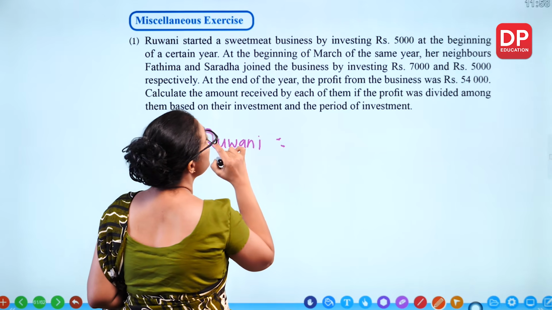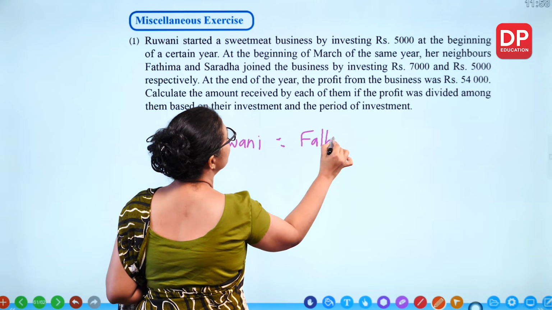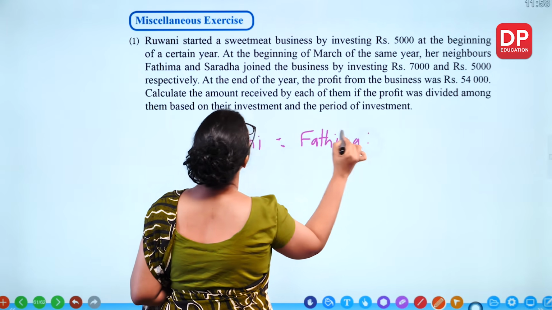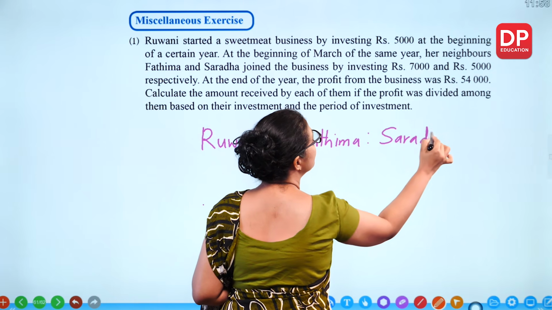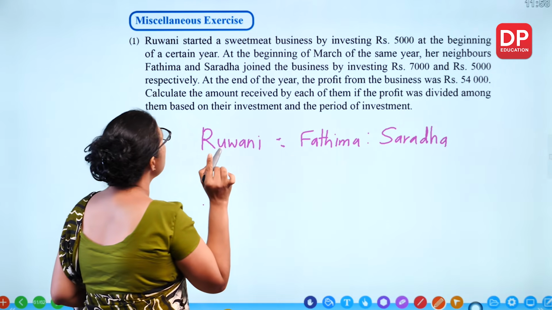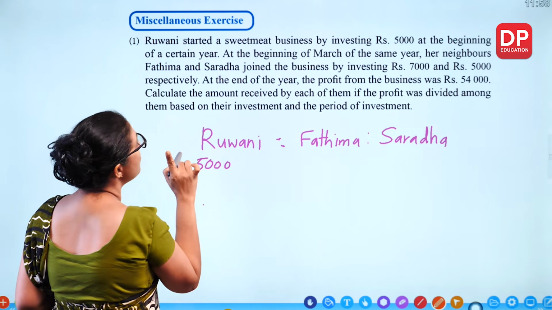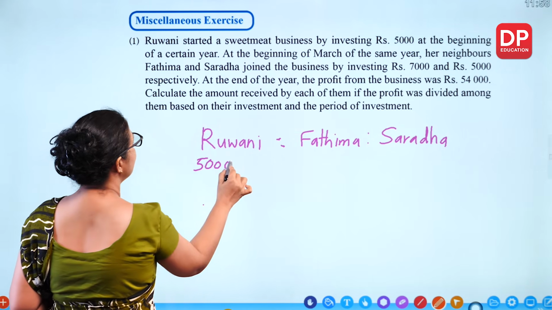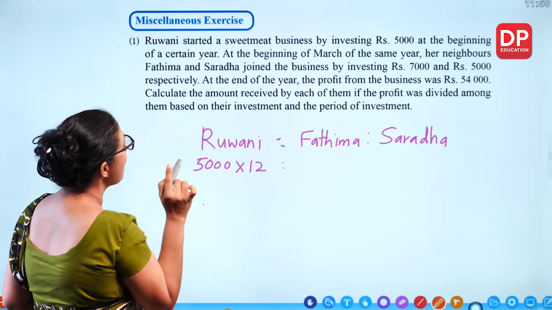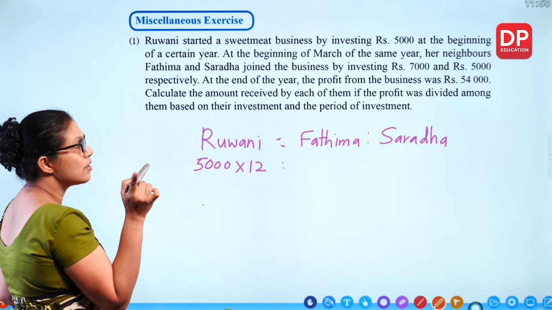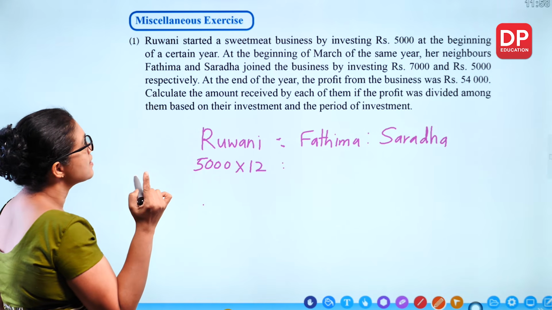So Ruwani, Fatima and Sarada. Ruwani invested 5,000 rupees at the beginning of the year. That's 12 months. Fatima, beginning of March. So from March, how many months?